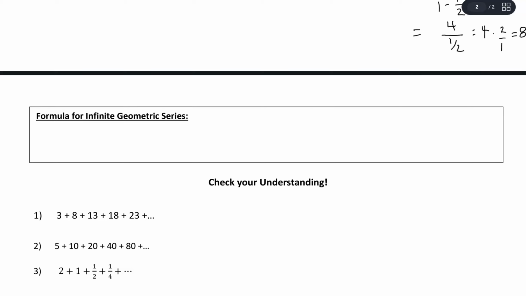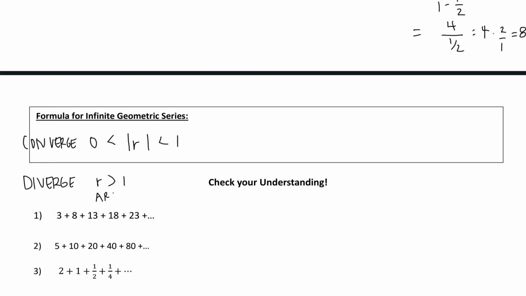All right, so the formula for an infinite geometric series: it's got to be geometric, and your r value has got to be between 0 and 1, so it's got to be a fraction. This is where it converges. If it doesn't converge, then it's going to diverge. It diverges if the r value is greater than 1, or if it's an arithmetic series.